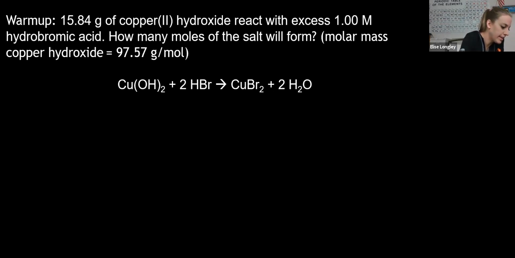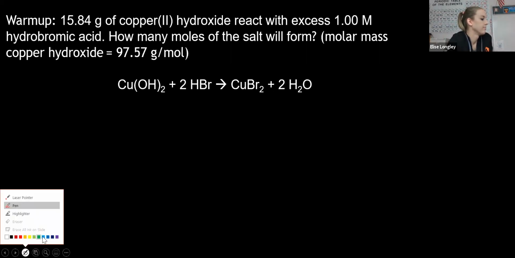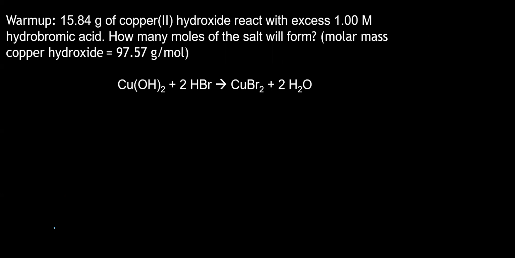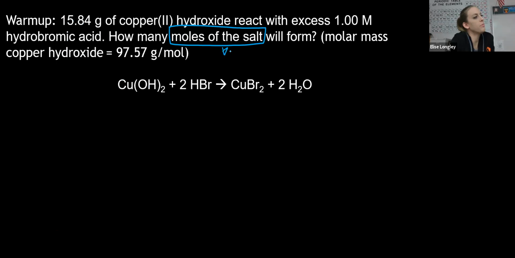All right, next up. Sangeet, where are you starting? So first you have to underline the information. So you're looking for moles of salt and you have 15.84 grams of copper 2 hydroxide. So what does moles of salt mean?